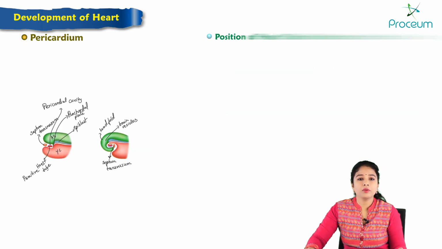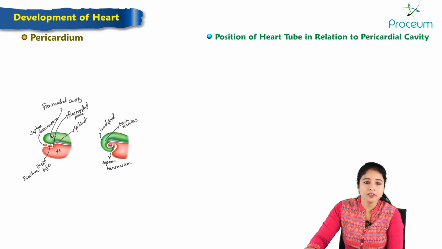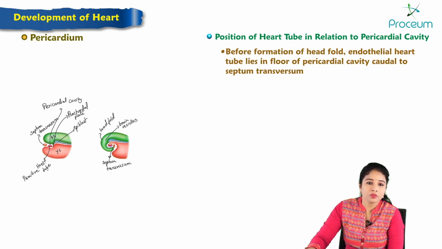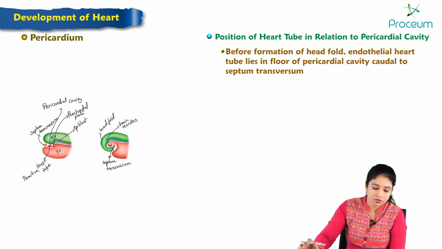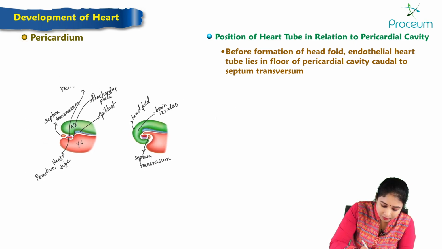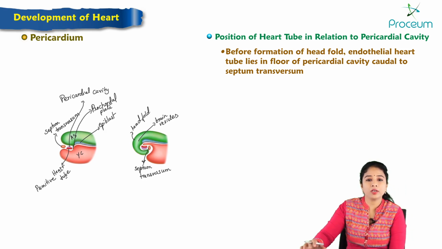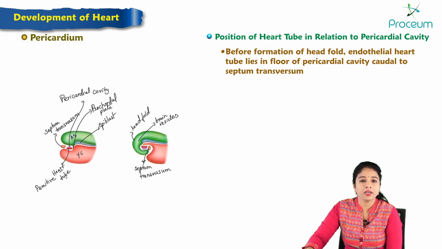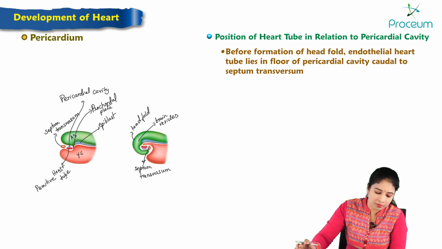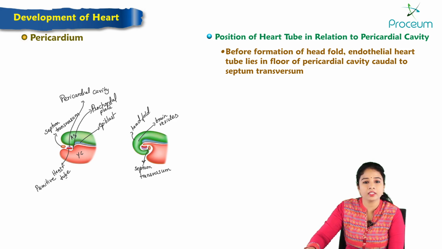So let's talk about the position of the heart tube in relation to the pericardial cavity. Before the formation of the head fold, the endothelial heart tube lies in the floor of the pericardial cavity, caudal to the septum transversum. We can see here the enlarged image, the purple one, this is the pericardial cavity, and you can see the septum transversum on the anterior aspect.